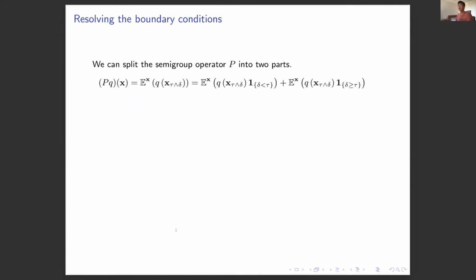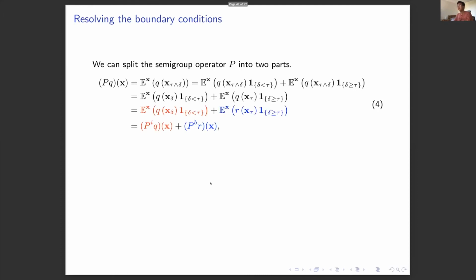And then we observe that this operator can be split into two parts. So when delta is larger than tau, x tau wedge delta belongs to the boundary A or B. So we can replace the committor function by the boundary conditions.